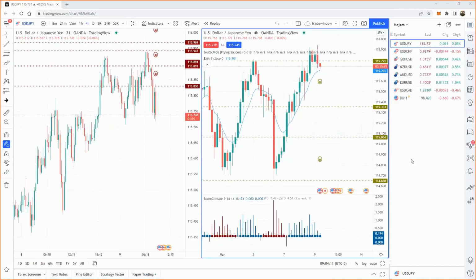Of course, we also have the free real-time data for paper trading. And if you are an established trader who's been trading live for some time, then perhaps you're doing your analysis on TradingView, but executing on MT4 and so on. That's something I would definitely recommend and that I do myself as well.